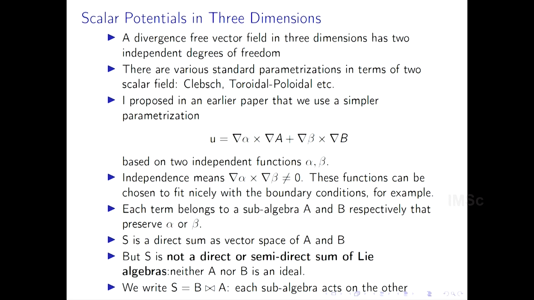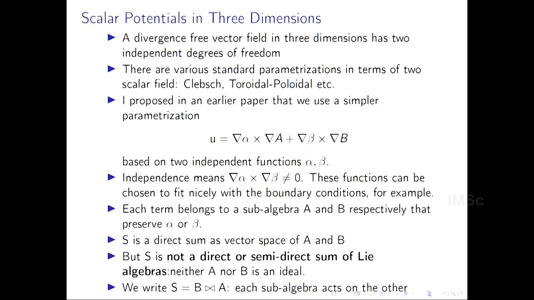This does not mean that S is a direct sum of A and B as a Lie algebra. It is not. It is not a semi-direct sum either, because although A and B are separately subalgebras, neither one is a normal subalgebra. So this is very different.